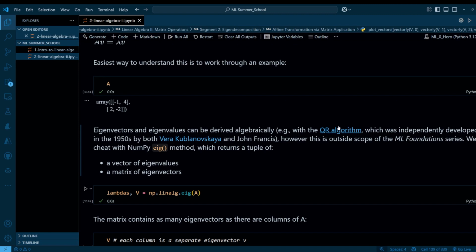Using the QR algorithm, we can easily get the eigenvalue and eigenvector. Right now we're not focusing on the math, but rather on how it comes about and how it helps. So for a particular matrix, using the QR algorithm or decomposition, we can easily get its eigenvalue and eigenvector.